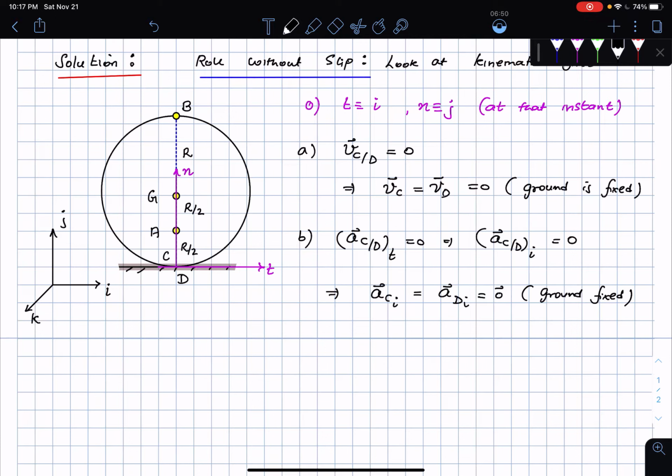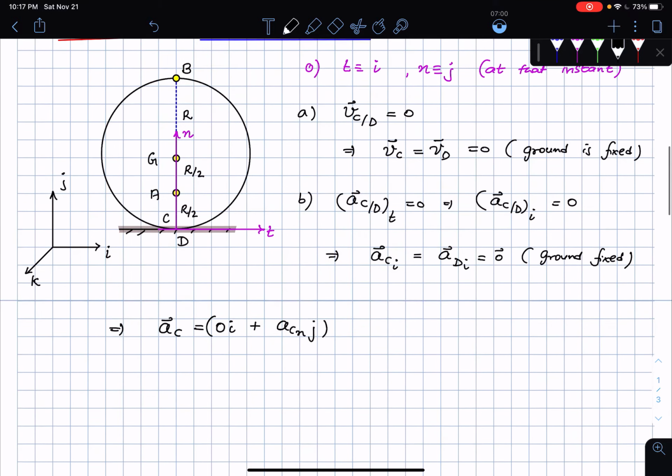So which means that I can write the acceleration of C as having a 0 component in the I direction and some normal component in the J direction, which I am not very interested in at this point in time.